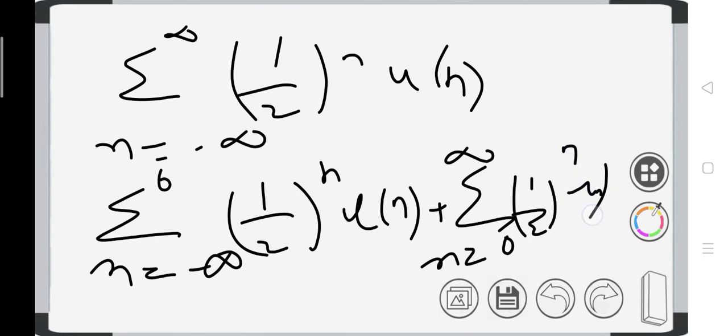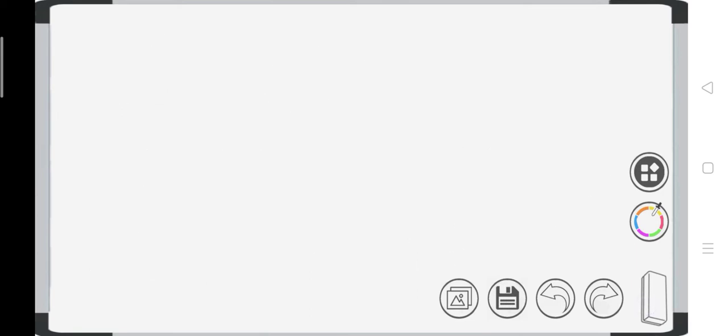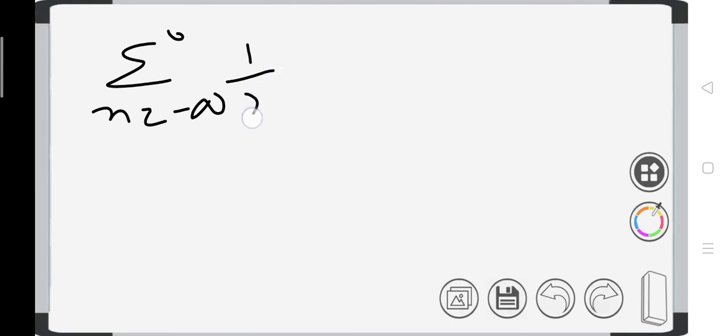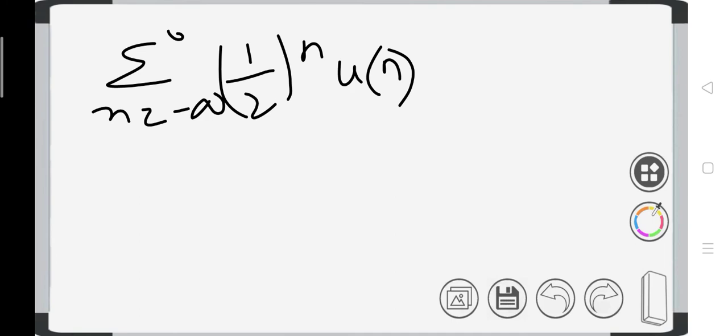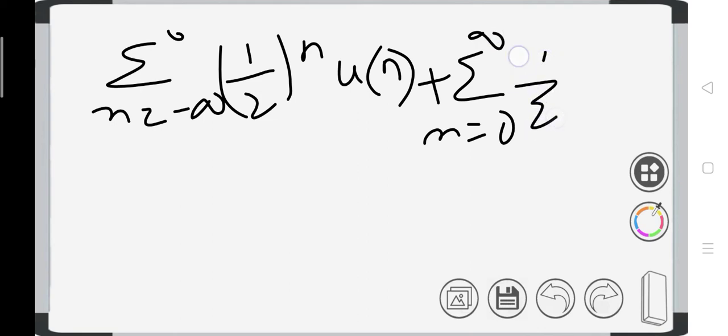I am writing the limits extension, that is minus infinity to infinity, as minus infinity to 0 and 0 to infinity.